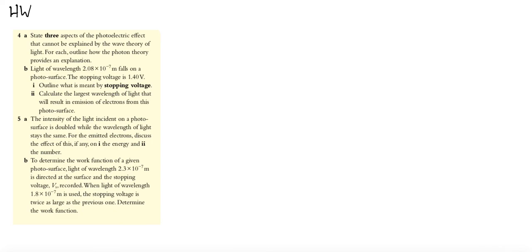So please write solutions for these two exercises and add them in the form of a PDF as an assignment to this lesson. So 502, exercise number 4, A and B, and exercise number 5, A and B.